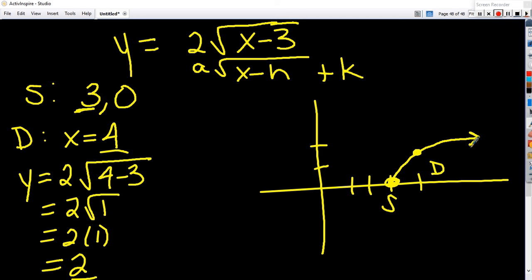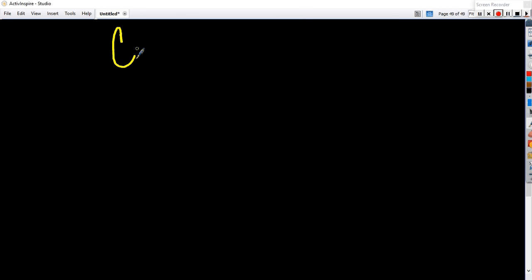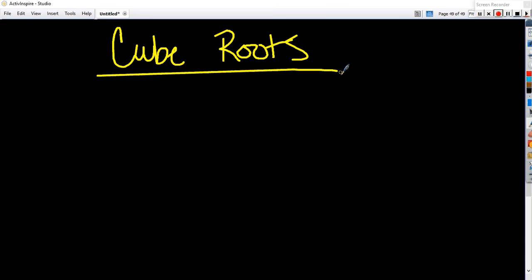How do you know it curves this way or if it just goes like straight up? Think about a parabola on its side. Cube roots. Cube roots are almost exactly the same, but instead of just having the one piece, they have a start. They have 2 direction pieces.